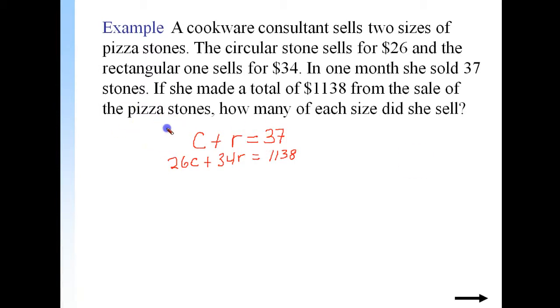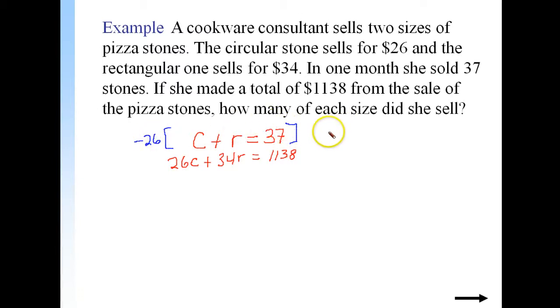I'm going to multiply this by, what? So that one of these will cancel out. A negative 26.